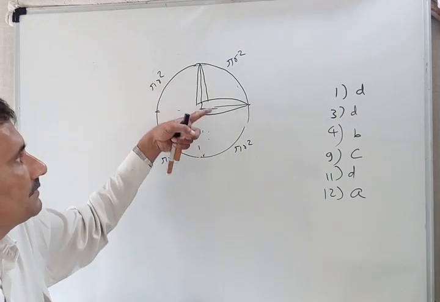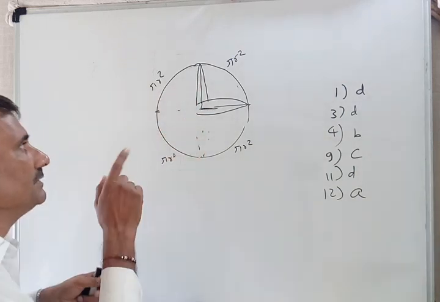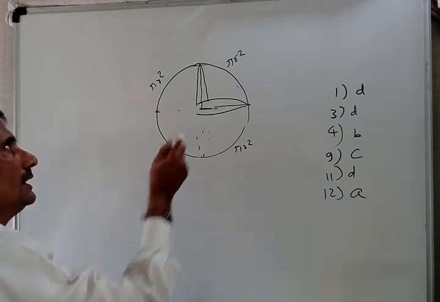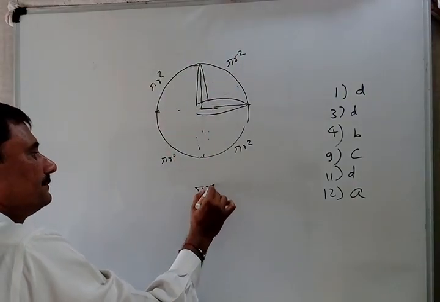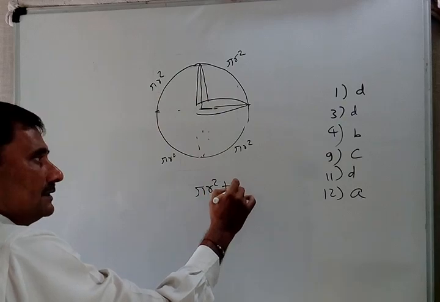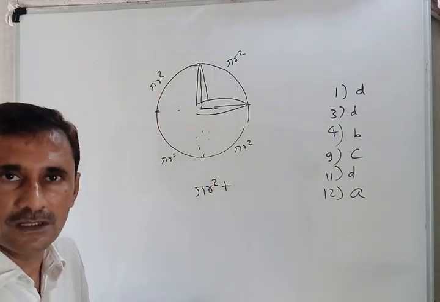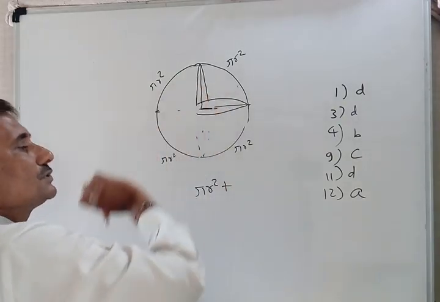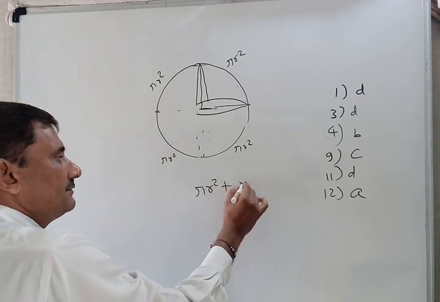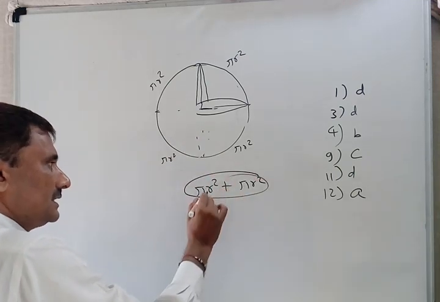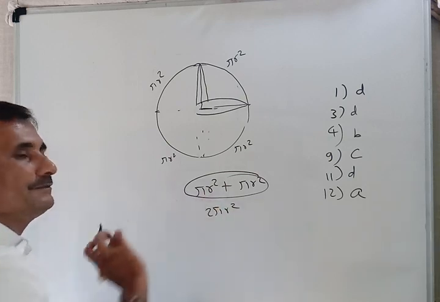Then here a hemisphere and here also a hemisphere, means one hemisphere will be visible here. So this is pi r square plus 2 semicircles. This is a semicircle, this is also a semicircle. So 2 semicircles means 1 circle. So it becomes pi r square plus pi r square, 2 pi r square.